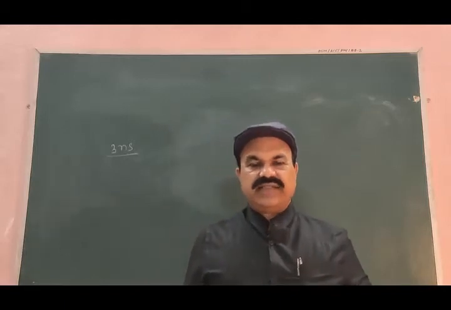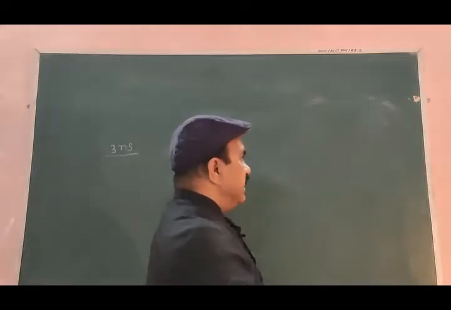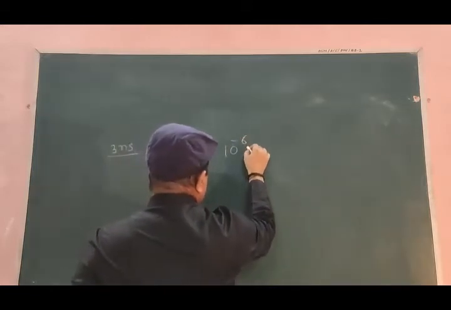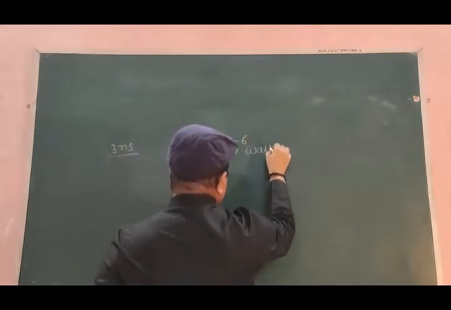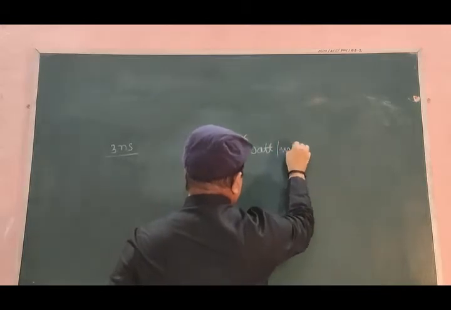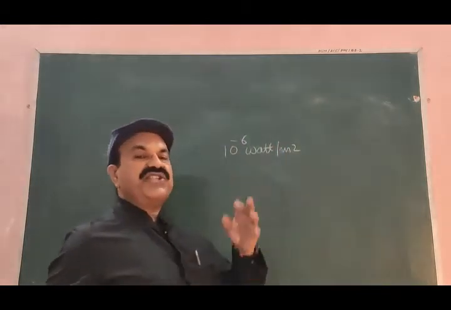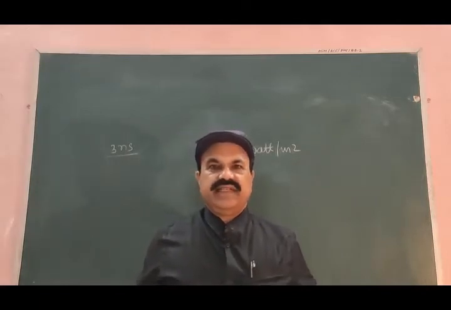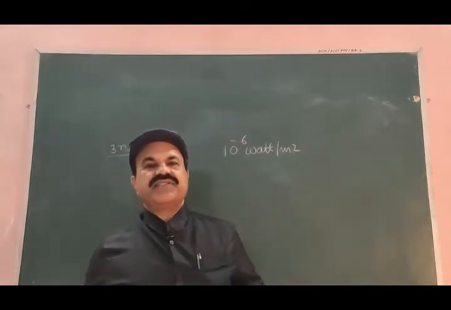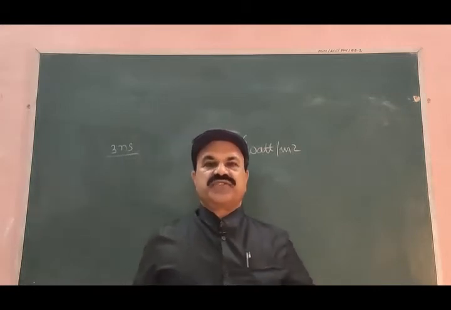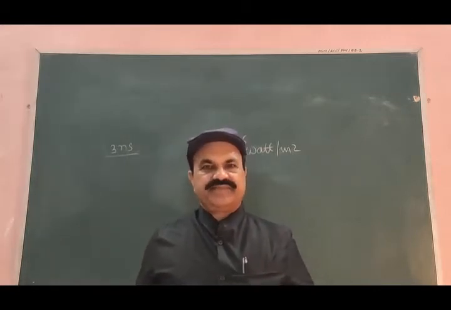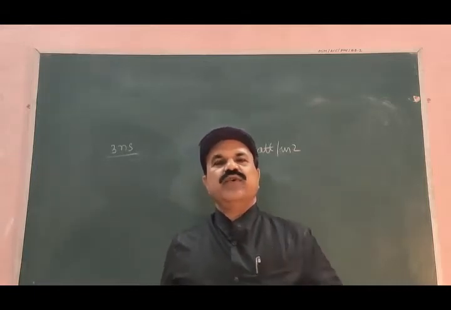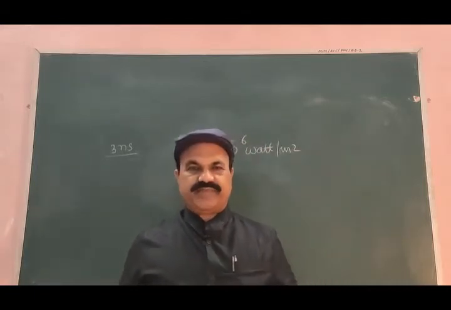It is found that when the intensity of light is about 10 to the power minus 6 watt per meter square, then there is emission of photoelectrons from the sodium metal, and the photoelectric current can flow through the photocell.